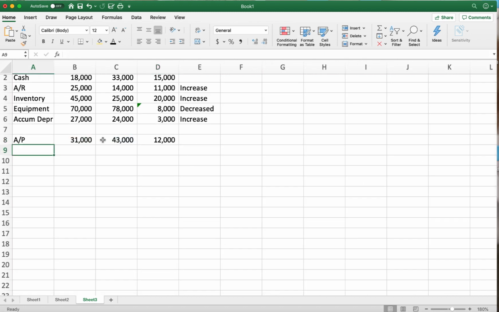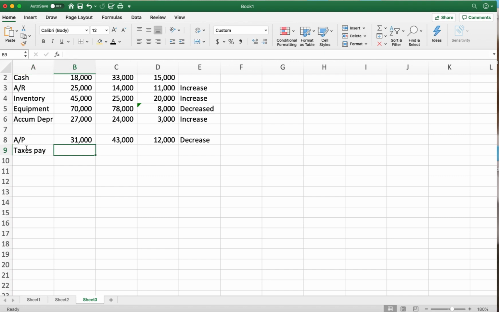Our accounts payable decreased by 12,000. Excuse me, so sorry, I'm just going to say taxes payable. But those are the income taxes payable, right? It's a liability nonetheless.